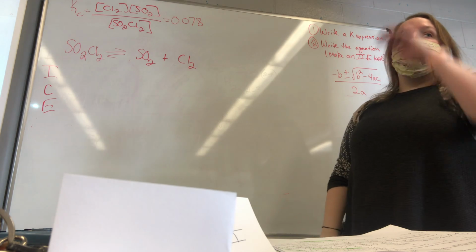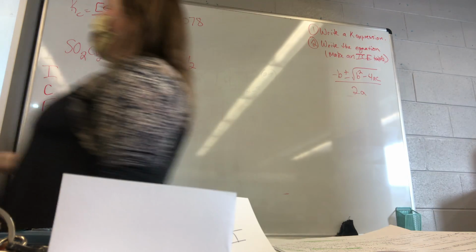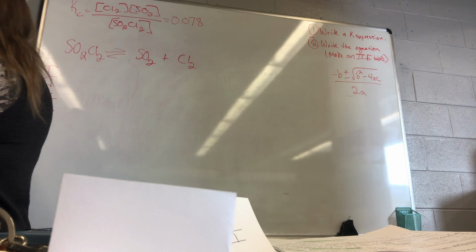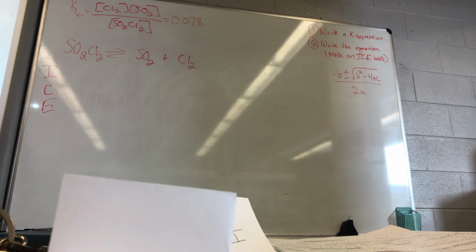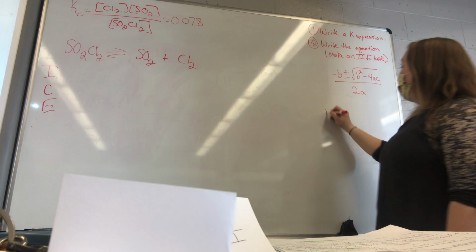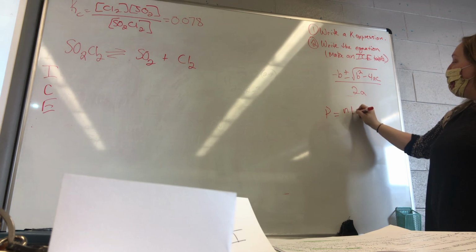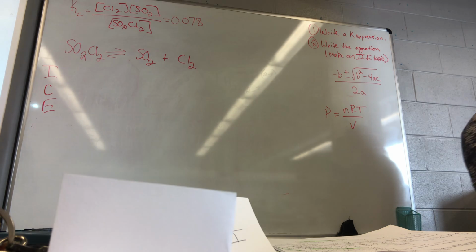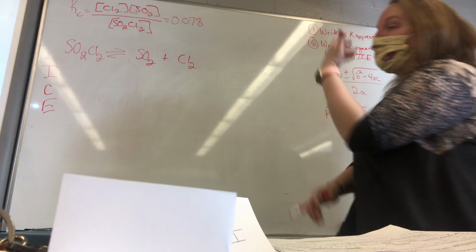All right. So we're given information about an equilibrium mixture. The concentrations of two things are these. What is the pressure of Cl2 in the equilibrium mixture? In order to get a pressure, we need that. Anytime you're asked about pressures in these equations, we're using the ideal gas law every time.